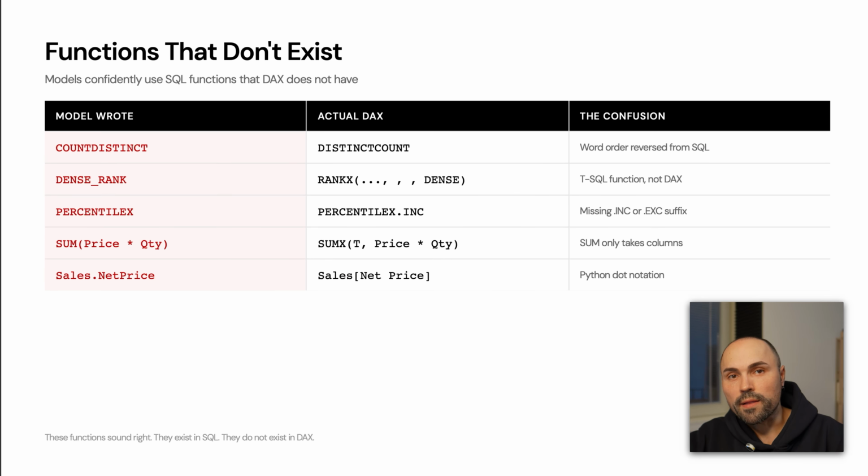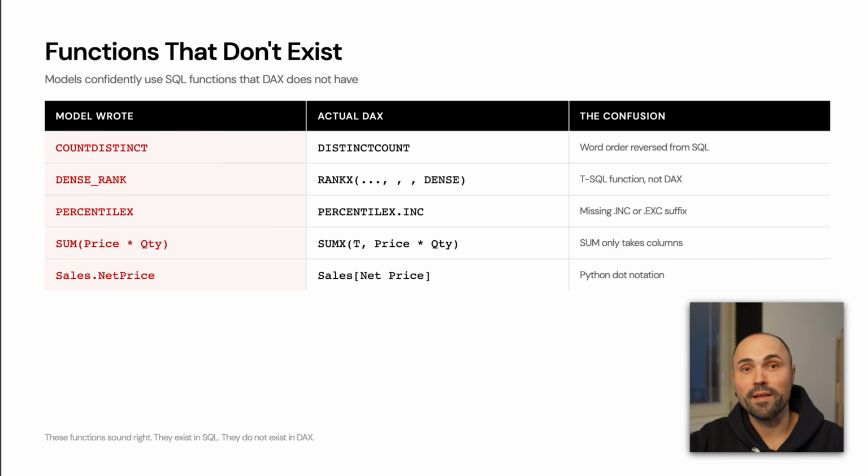If you're using LLMs, you're likely familiar with hallucinations already. So here, out of all of the hundreds of results that I accumulated, I compiled some of the typical hallucinations that LLMs tend to produce. COUNT DISTINCT is one coming from SQL, and you will see that quite often.